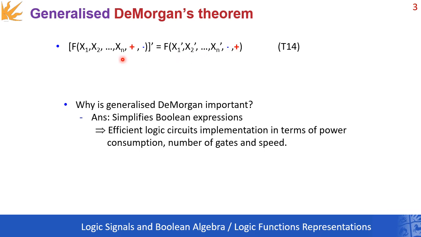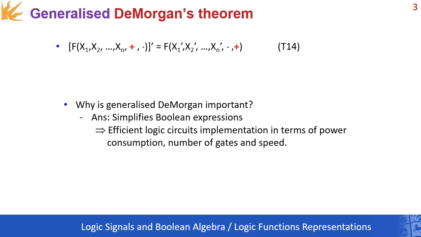So wherever you got an xi variable, you will use a negated, or an inverted, if you prefer to call it this way, xi variable. And wherever you had a plus symbol for an OR operation, you will have now an AND operation or a dot, and the other way around.